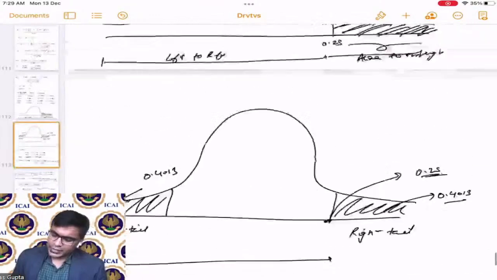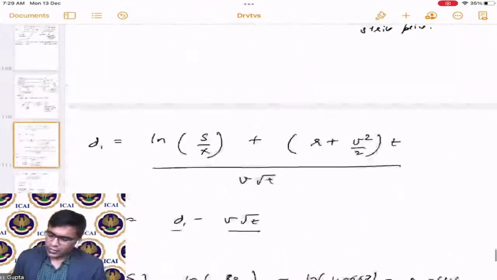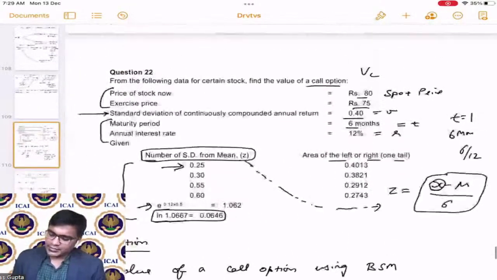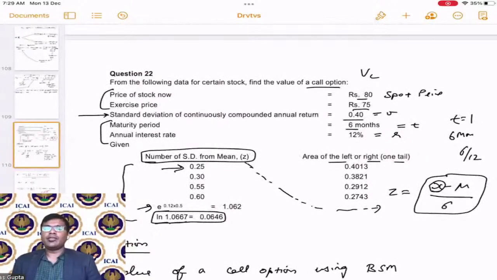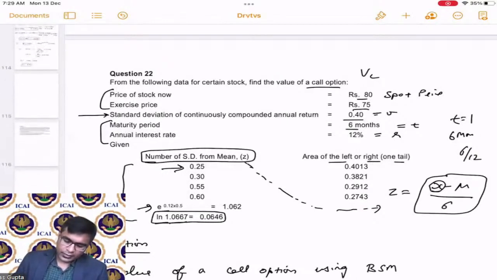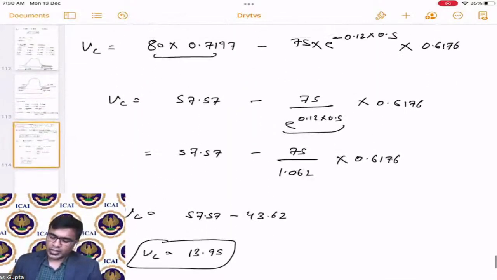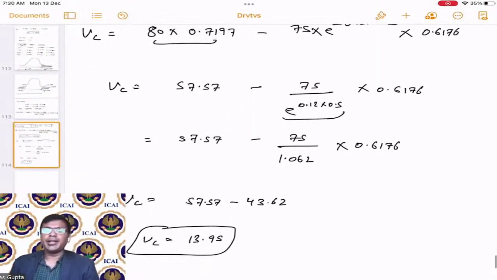The only thing is we need to read out the data and see what all things are given to fit into our final solution. For example, this number of SD from mean, which is the Z score, is used in the standard normal distribution, the standard normal table. Okay, we will now move forward with the next concept.